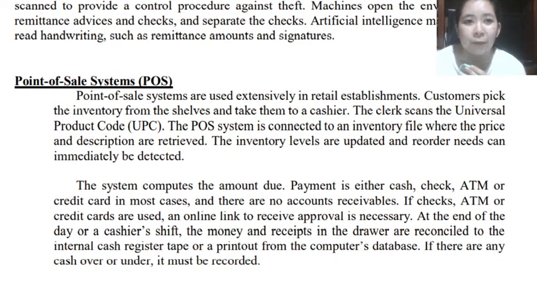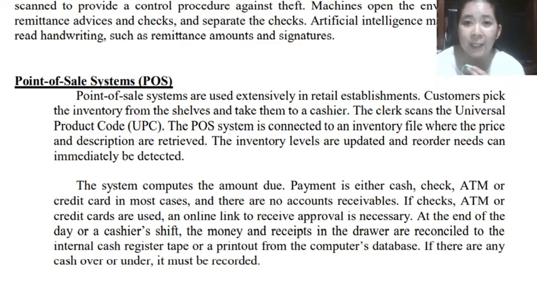What about point of sale systems or POS? So POS are used extensively in our retail establishments. So here, customers pick the inventory from the shelves, like for example in a grocery store or department store, and the customer will take them to the cashier.